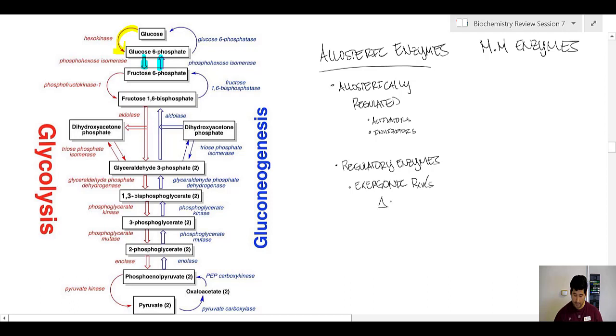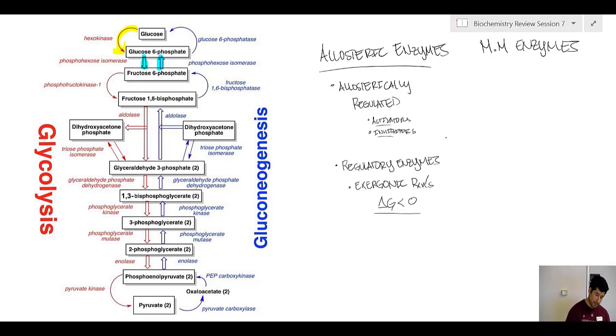What this means is that the delta G is less than 0, which means that it's spontaneous. So all of the regulatory enzymes in glycolysis are allosteric enzymes, and what that means is that they can be controlled through activators and inhibitors, which are allosteric.